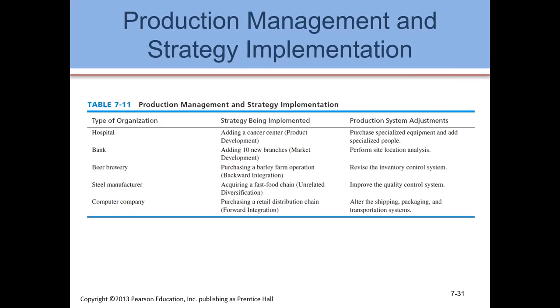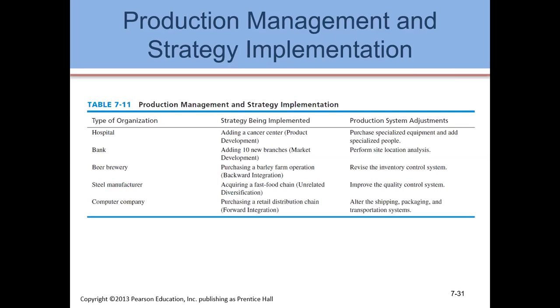When we are looking at the example of a steel manufacturer, the strategy under discussion is related with unrelated diversification or formation of a conglomerate, which is talking about acquiring a fast food chain. A steel manufacturer is going to acquire a fast food chain. Now this is formation of a conglomerate. And the production system adjustment can be to improve the quality control system and the mechanism.